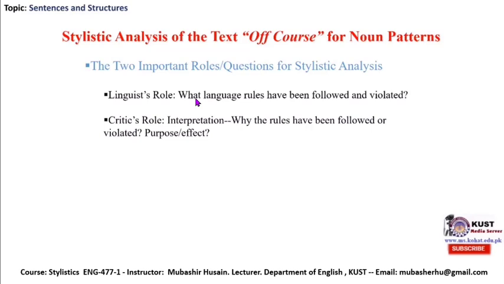At the linguistic level, we see how phonology, graphology, syntax, semantics, vocabulary, the lexical choices are arranged. And in the second, we assume the role of a critic. You try to answer why the language has been arranged in this way, why certain rules have been followed and other rules have been broken. So these are the two questions that you always need to consider.